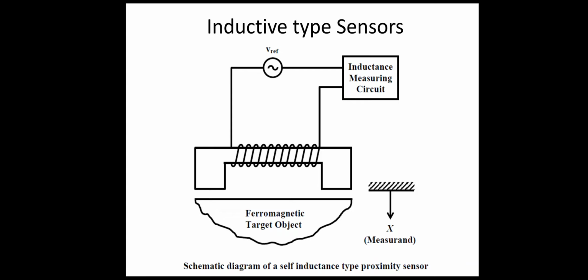Such a scheme you can see here in this figure. In this case, the inductance of the coil changes as a ferromagnetic object moves close to the magnetic former. This changes the reluctance of the magnetic path. The measuring circuit is usually an AC bridge.